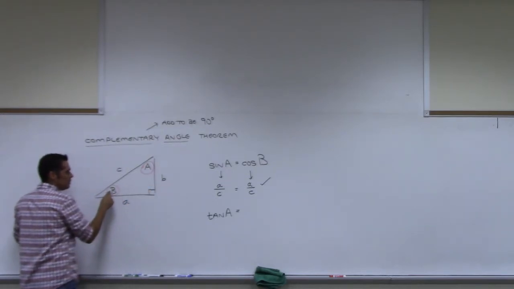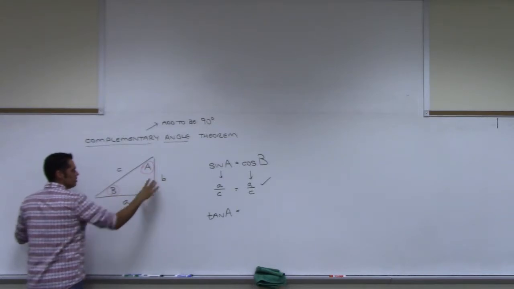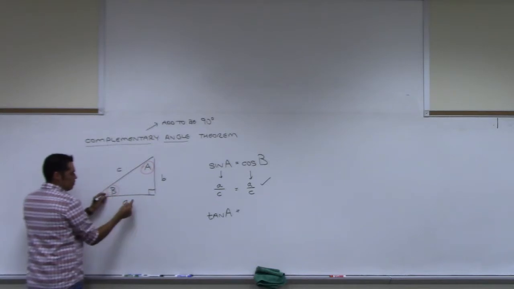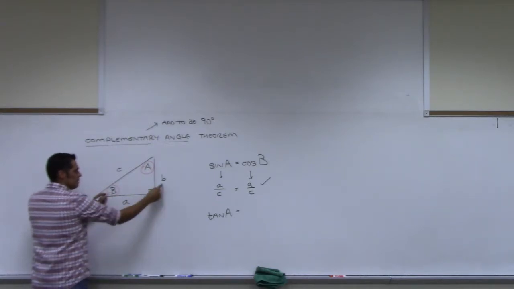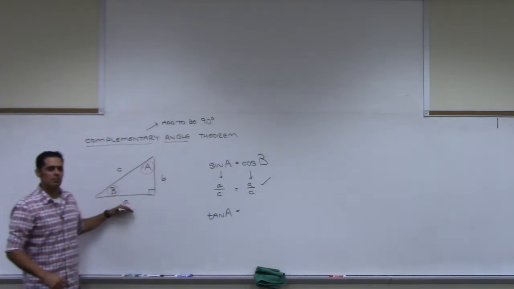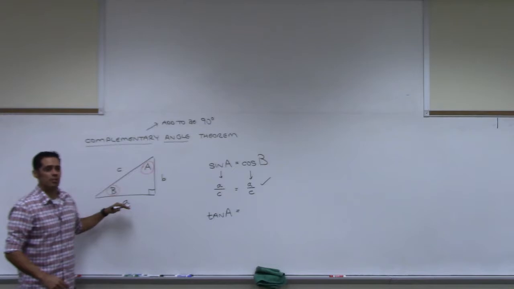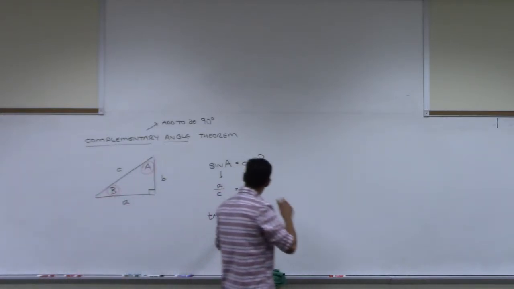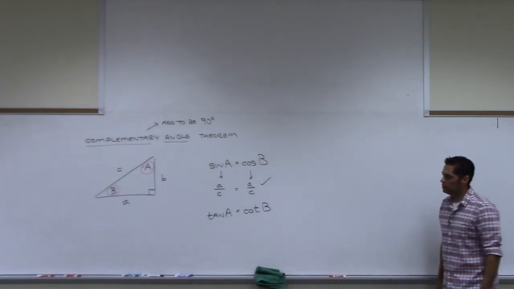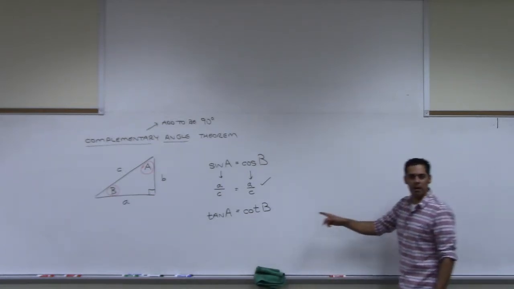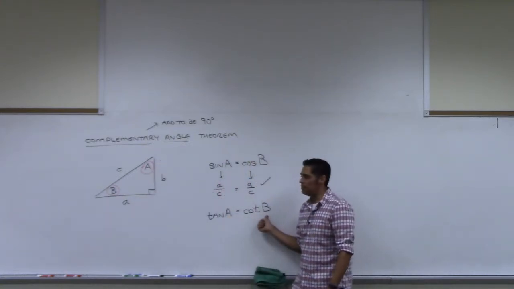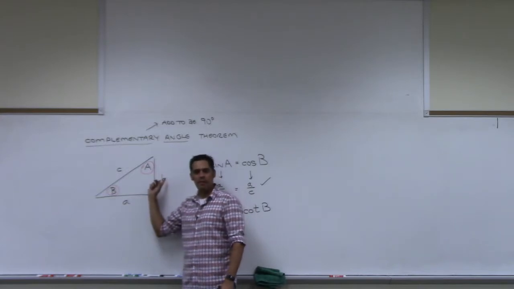In terms of capital B, adjacent over opposite is cotangent. You could draw these. Tangent of A is a over b, cotangent of B is a over b again.